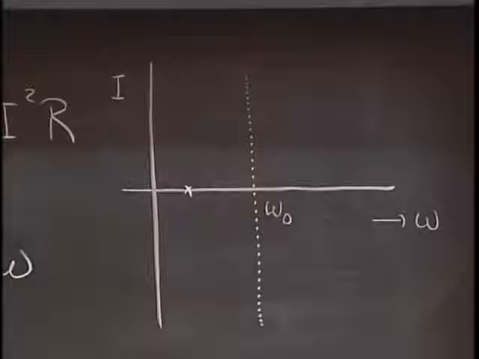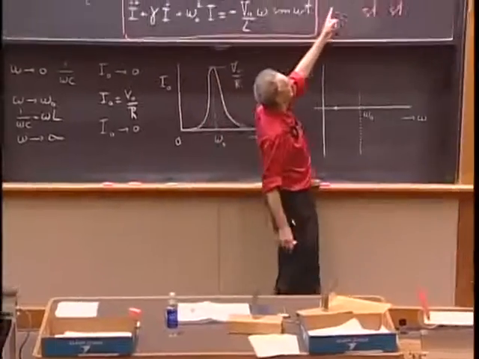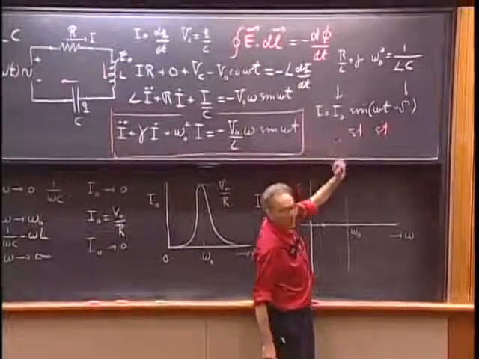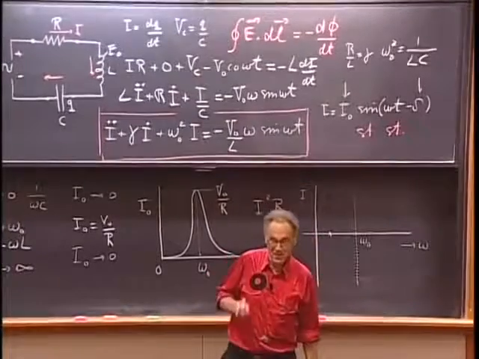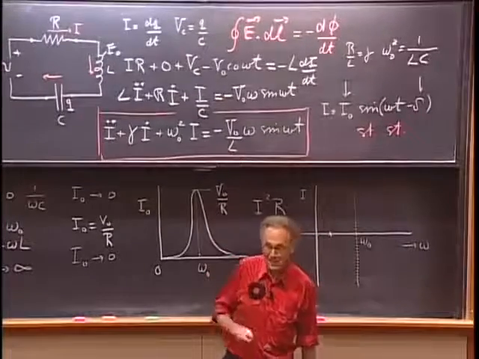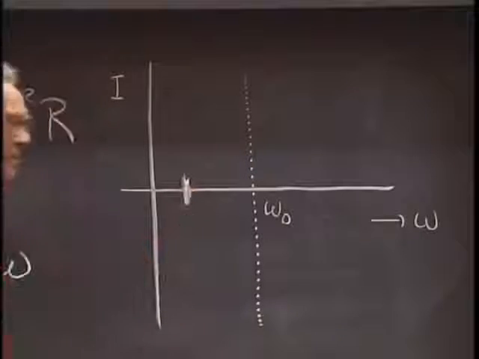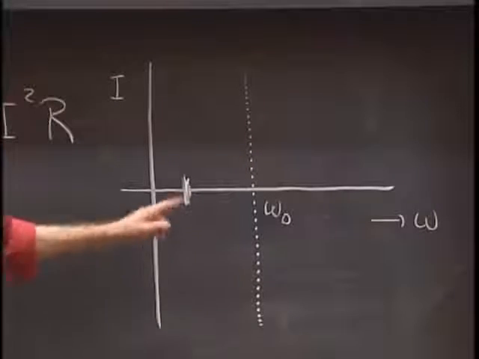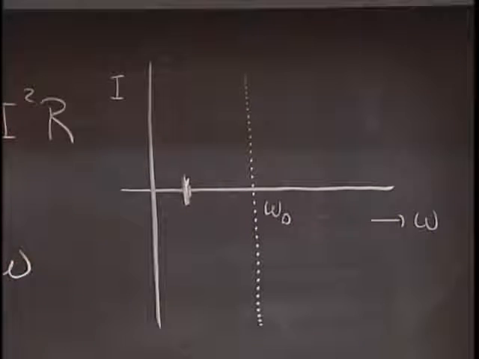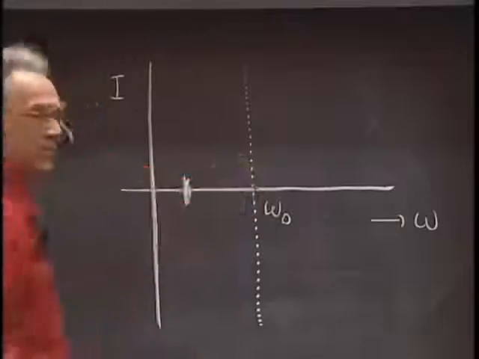Well, then this is my solution. So yes, the amplitude is I0, but here's the sine of omega t minus delta. So all you will see then is this. Plus I0, minus I0. If I do it here, then it goes shh.